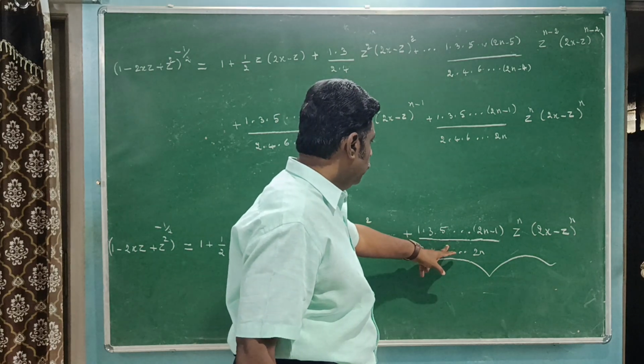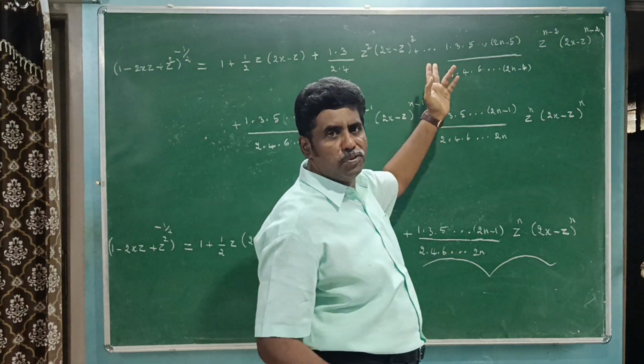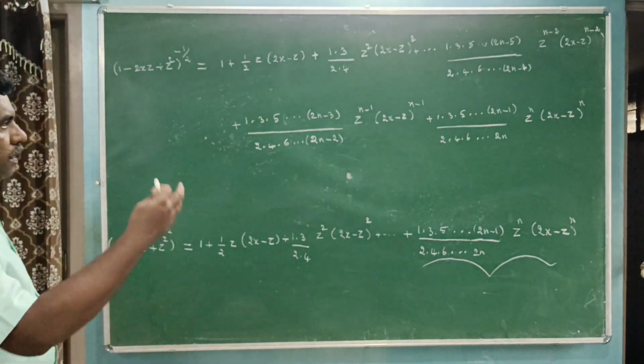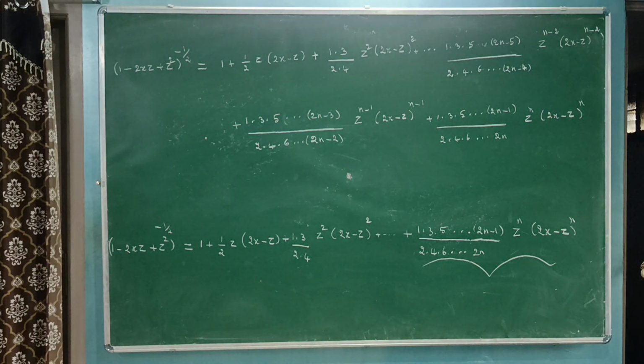Before the nth term, the (n − 1)th and (n − 2)th terms are present. We have just inserted the two terms, nothing new to interpret. Now we have to equate the coefficient of z^n in each and every term.